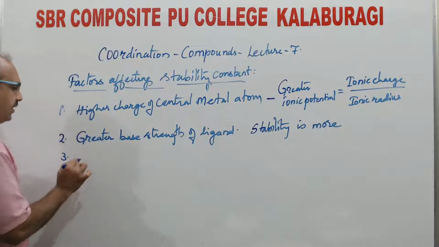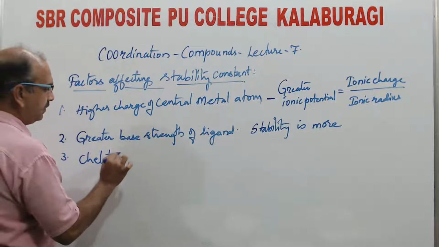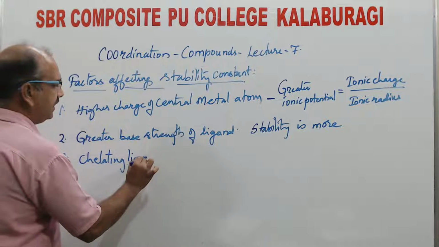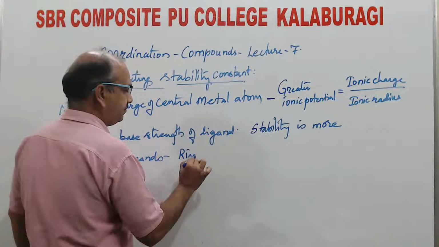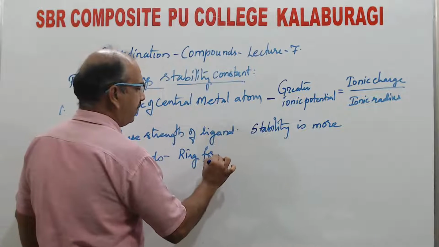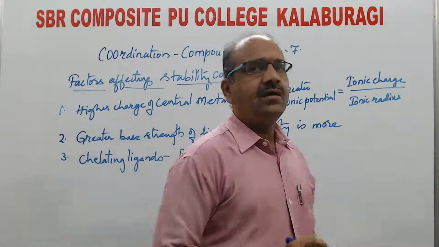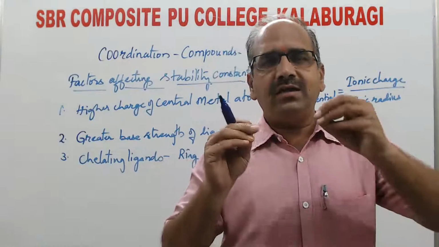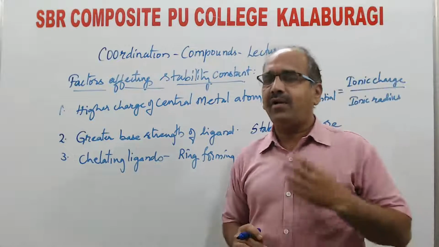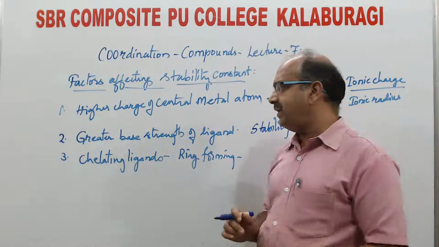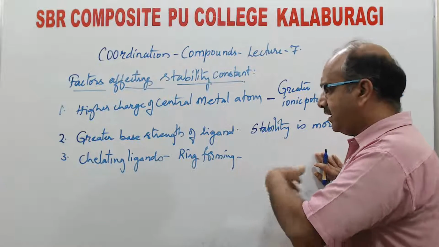Third one, you have chelating ligands. Those chelating ligands are ring forming ligands, and they will definitely have a number of donating sites. So it's a polydentate ligand, having a number of ligating sites and ring forming.